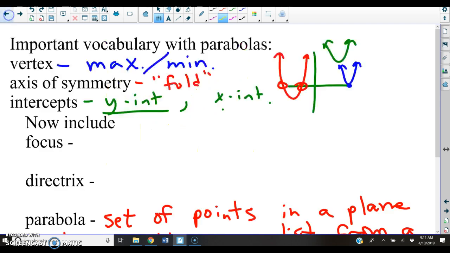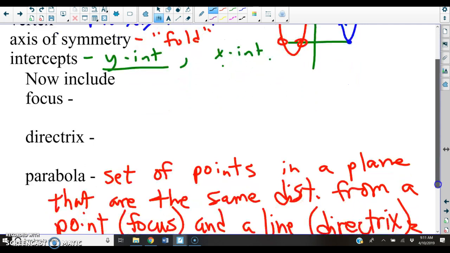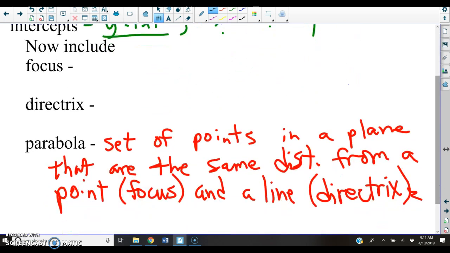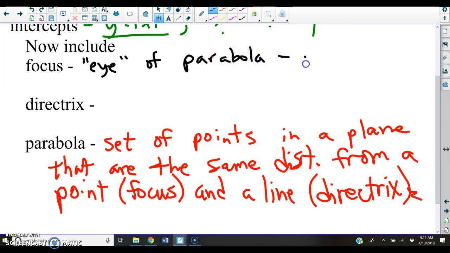Okay, so if we go back to this definition stuff, the focus, we can think of that as being the eye of the parabola. It's the point in the interior of the parabola that we are focusing our distance on.